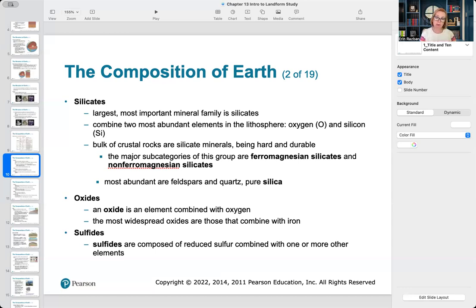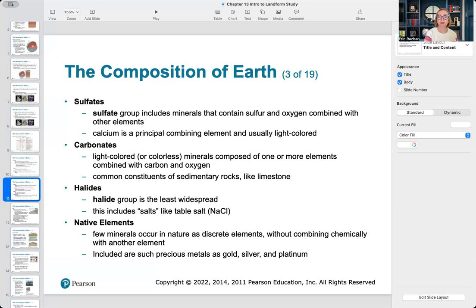These include many important ore minerals like pyrite, often called fool's gold. Number 4 is sulfates, minerals composed of sulfur and oxygen combined with other elements, typically calcium. Number 5 is carbonates, minerals that are carbonate compounds of calcium or magnesium, like calcite and limestone.